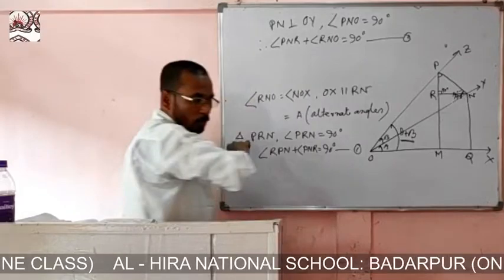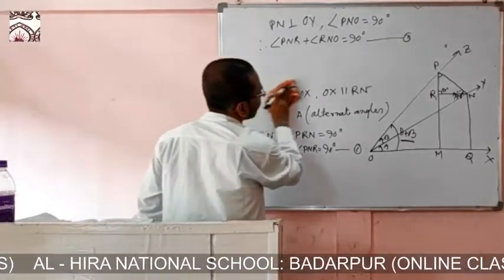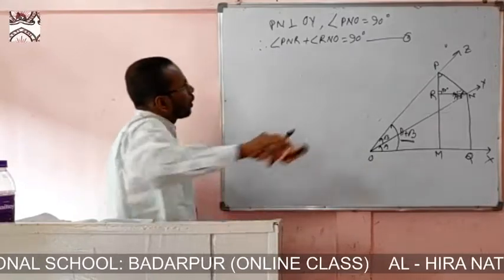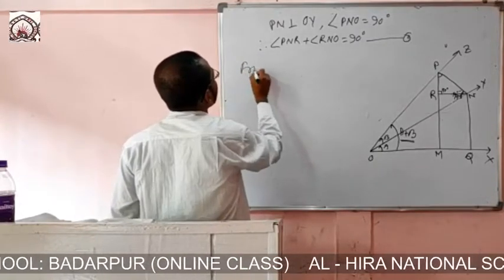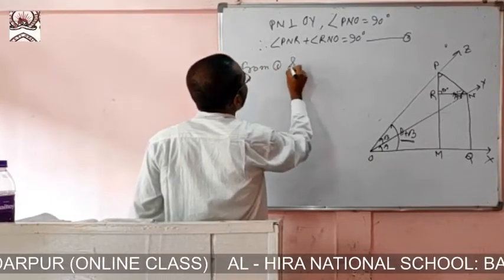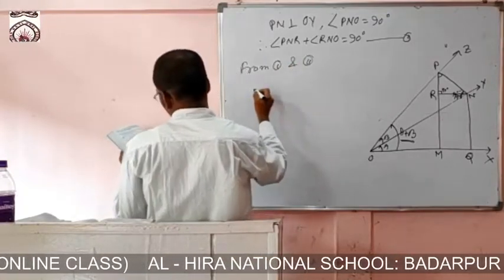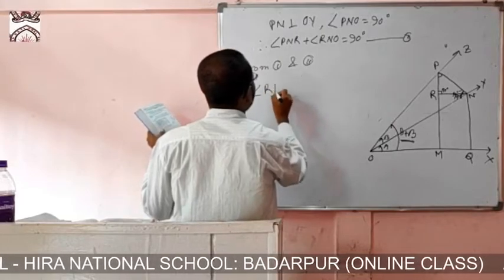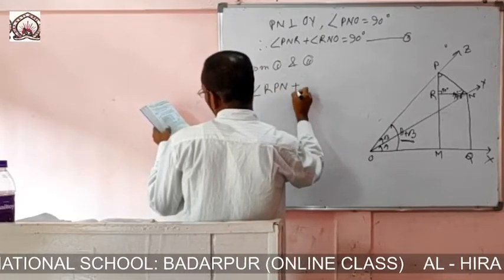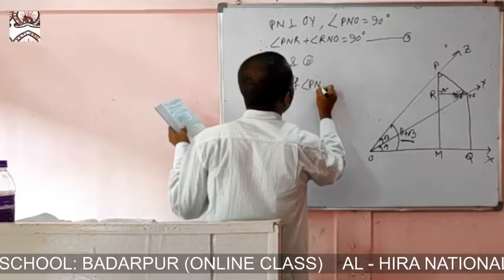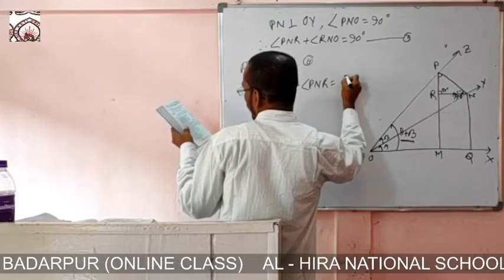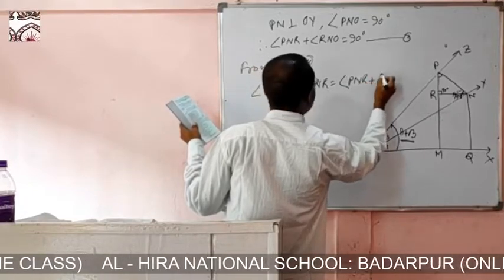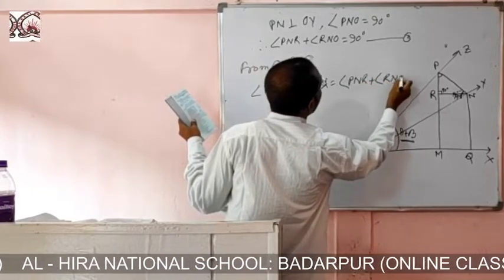So now from 1 and 2, angle RPN plus angle PNR will be equal to angle PNR plus angle RNO.